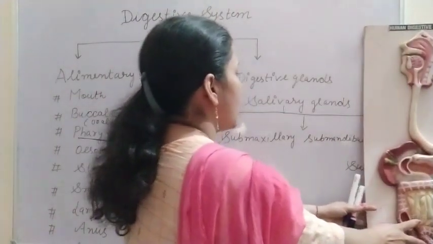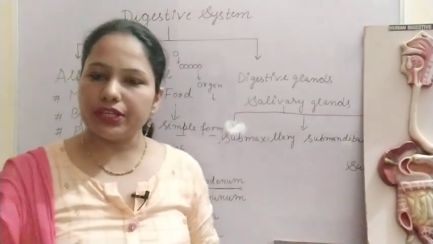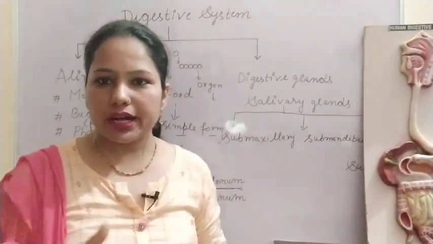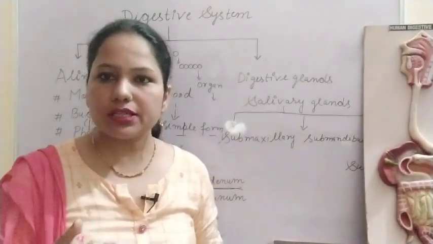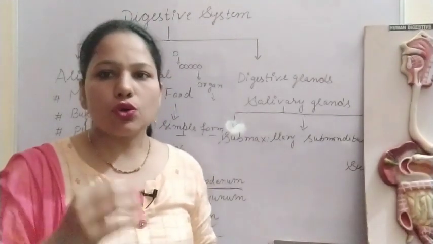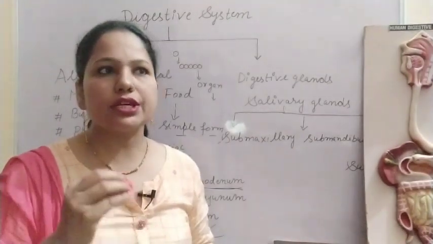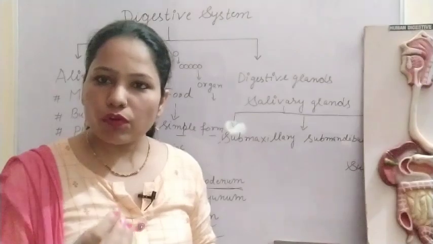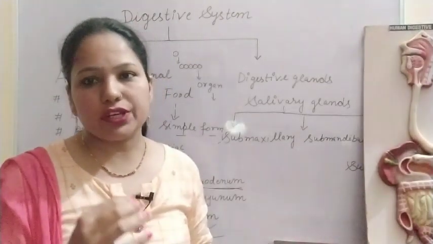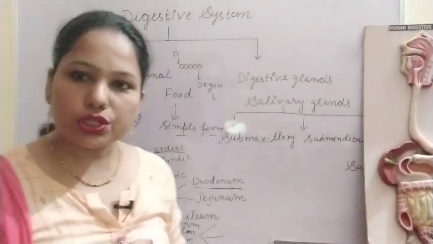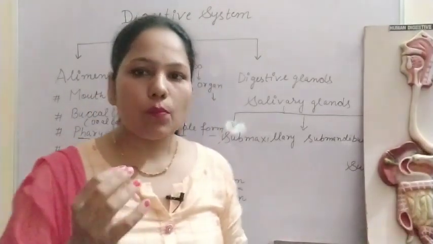First is known as salivary glands. The word salivary is related to our saliva, and saliva is present in our mouth. So the glands which secrete saliva, which secrete some enzymes for the digestion of the food, are known as salivary glands, and their position and location is also different in our mouth.